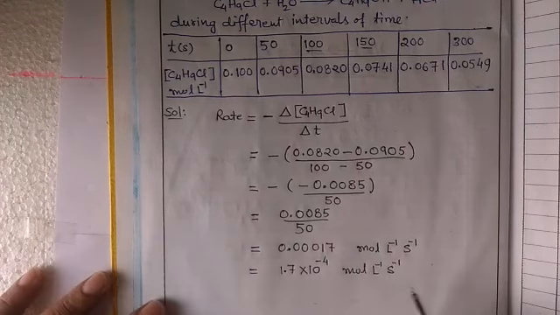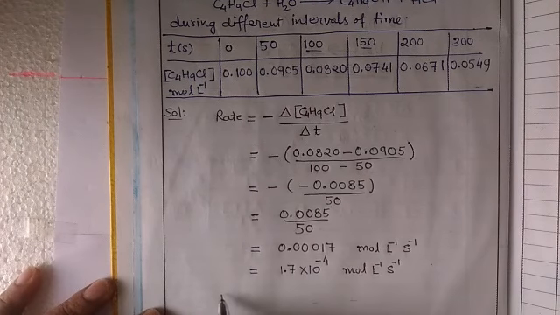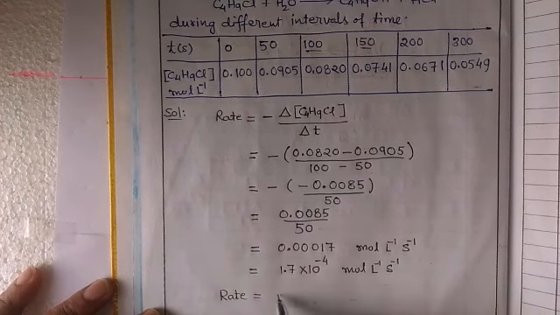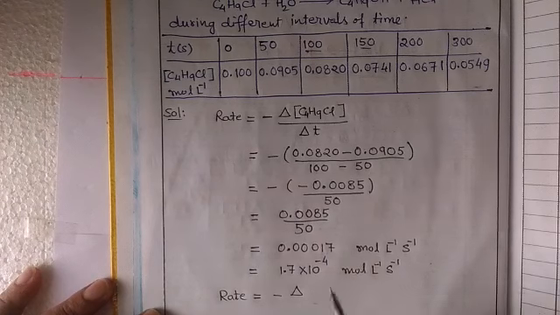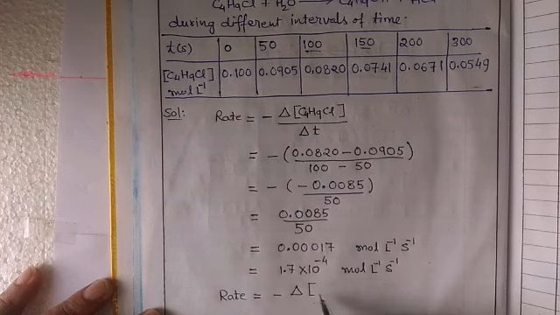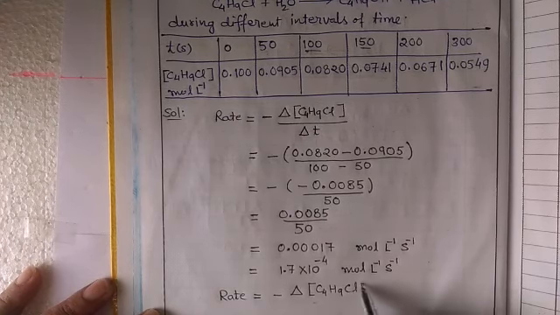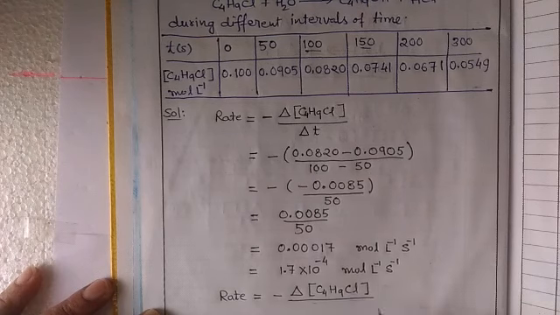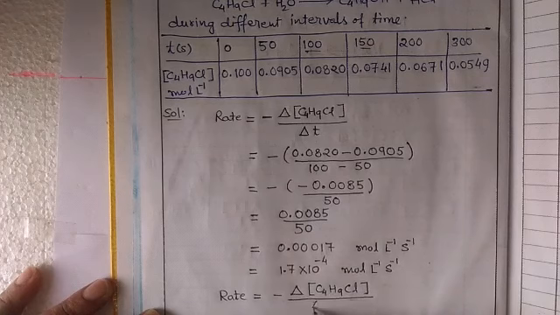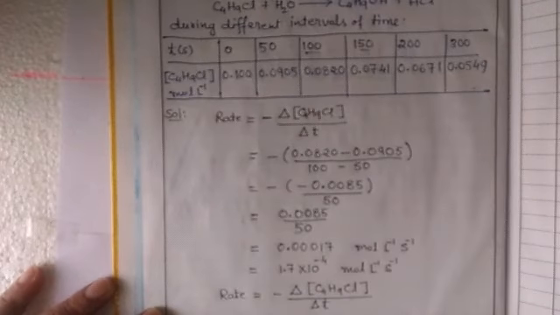So let's note it down once again. I'm again writing the formula. Average rate will be negative because it is a reactant, and butyl chloride C4H9Cl. Now this is change in concentration of butyl chloride divided by change in time.